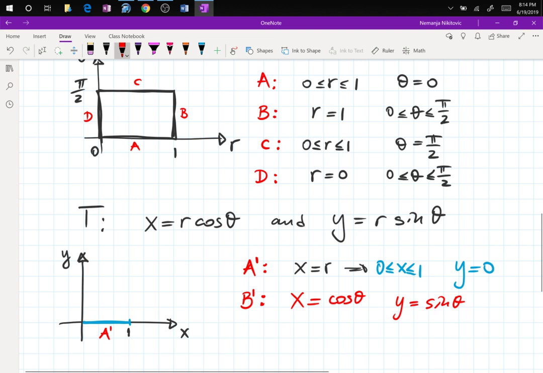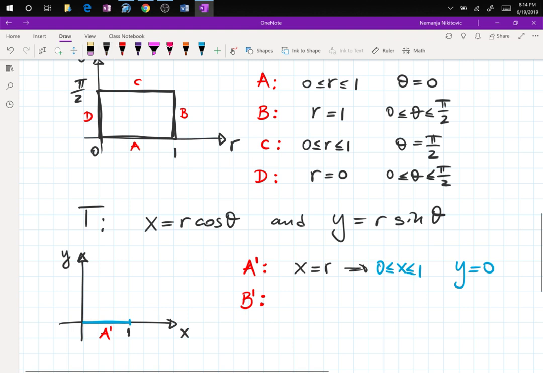Now, what happens as x is equal to cosine theta? Well, I hope you guys see that r being 1 and theta going from 0 to pi over 2, it's going to swipe a quarter circle from x-axis to y-axis.